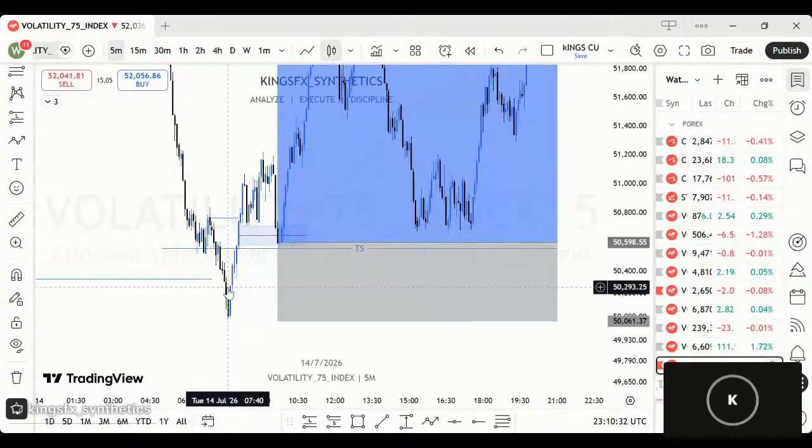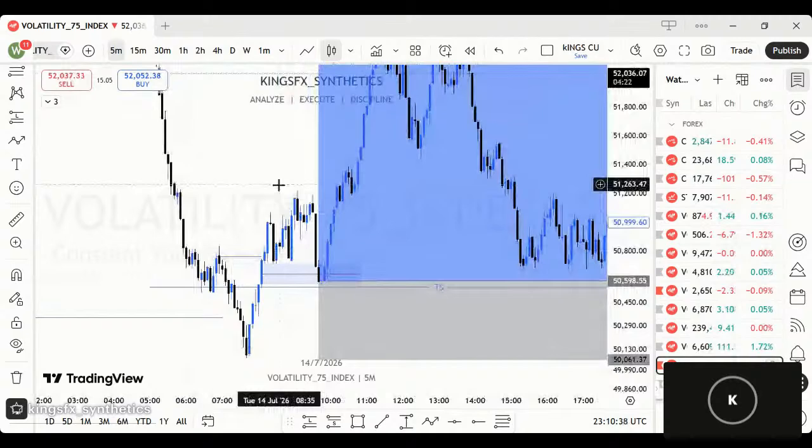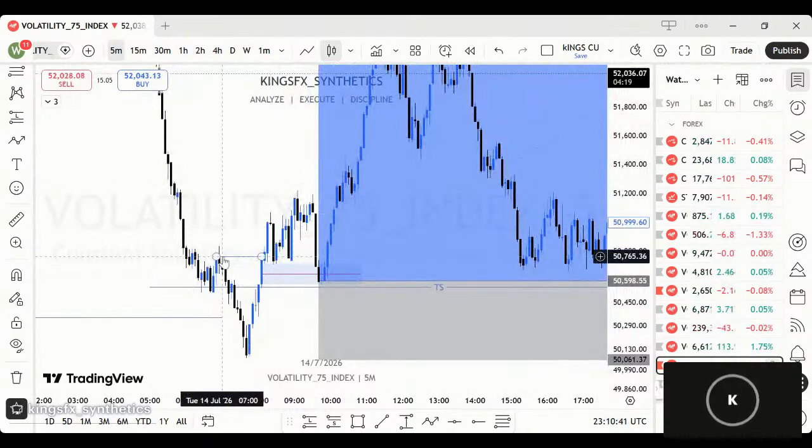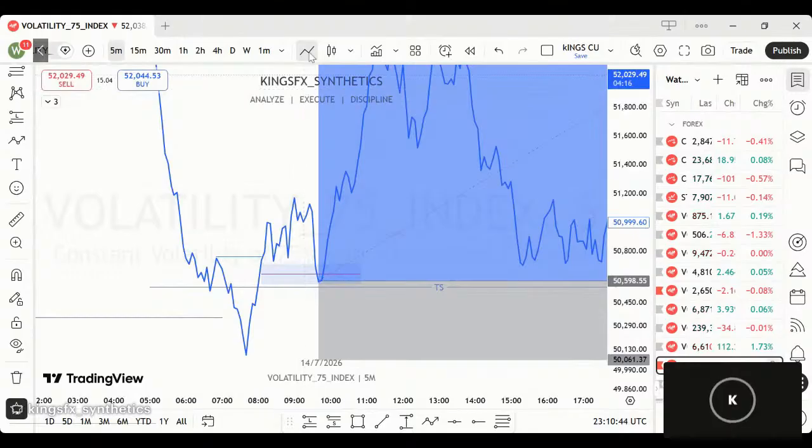Now, why are you doing that? You are doing that so that you will know when price has changed its structure or its movement. This was the most recent high. When you use your line chart, you will see that this is where price returned from. Price broke through this level and created a new high.